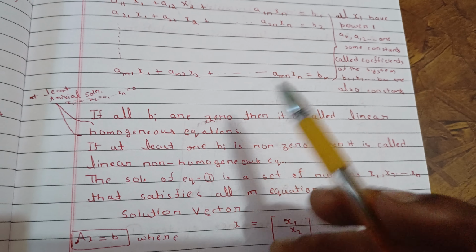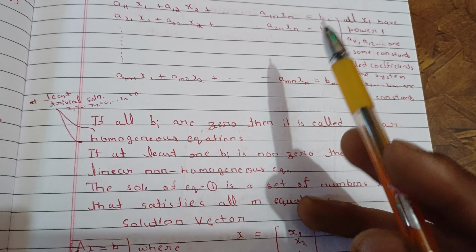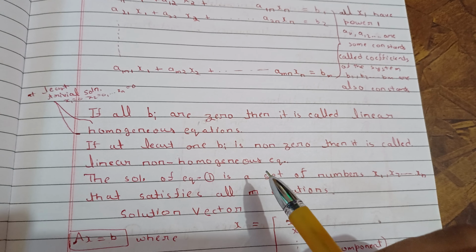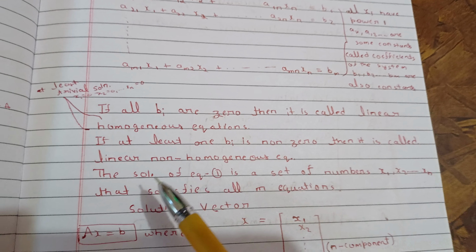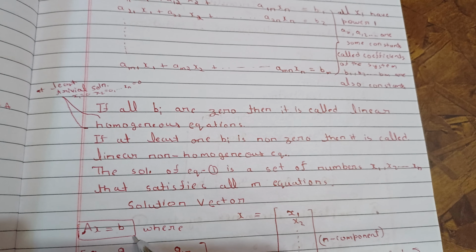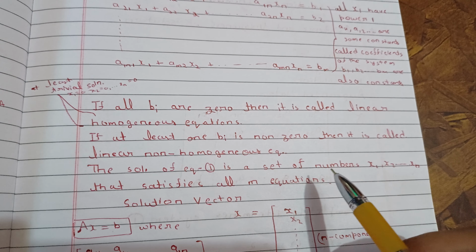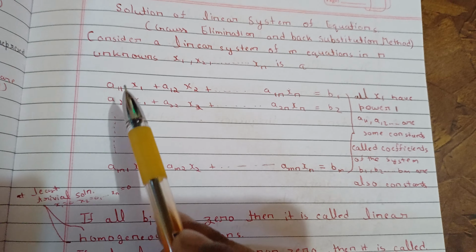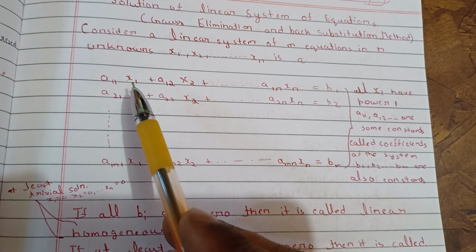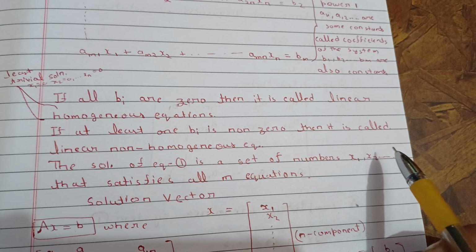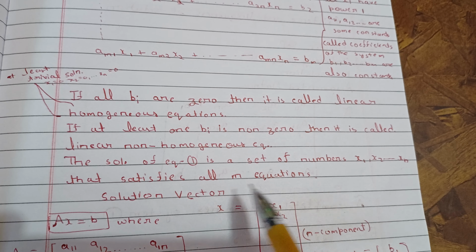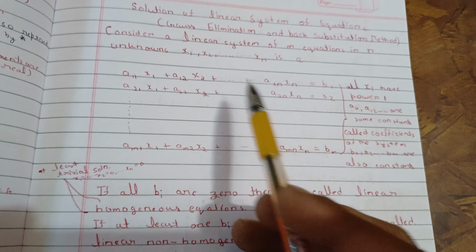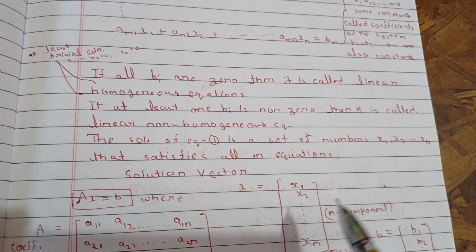And if at least one bi is non-zero, then it will be a non-homogeneous equation. Now the solution of the equations is a set of numbers. The values of x1, x2, x3 that satisfy all m equations, meaning these solutions will satisfy all these equations. You know that.